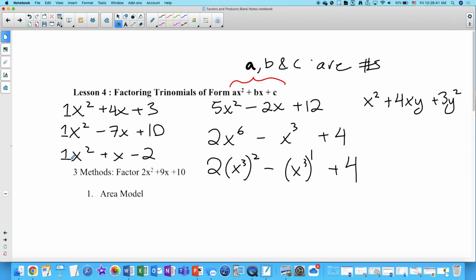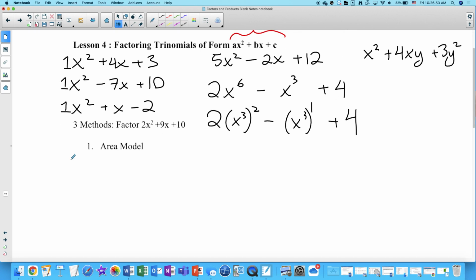And this continued. Now in general, we have to find those special 2 numbers as to how to split up that x term. So this is step 1: find 2 numbers that meet the following conditions. They have to multiply to the constant, it seems. These had to multiply to 3: 3 times 1 is 3. Here, -5 times -2 is 10.